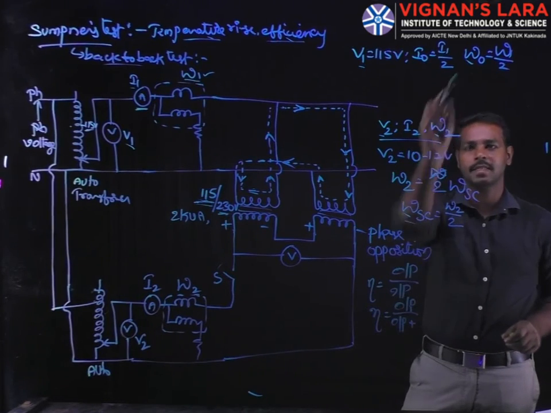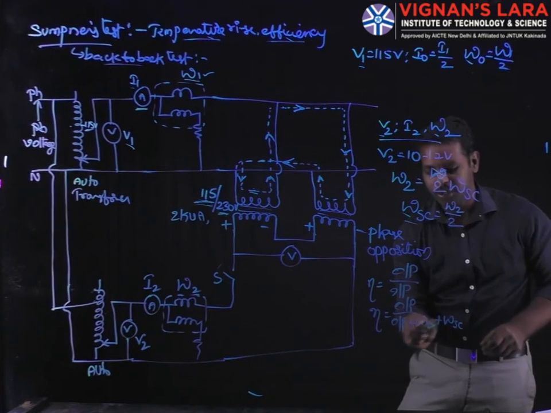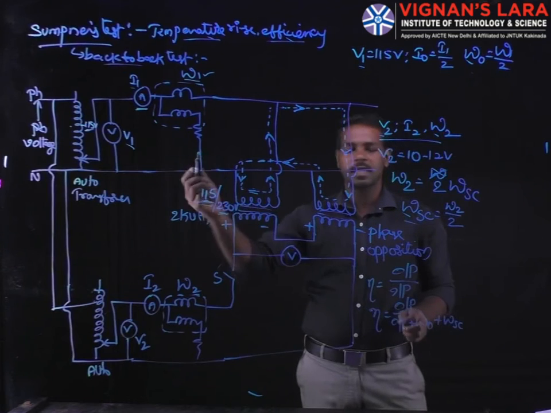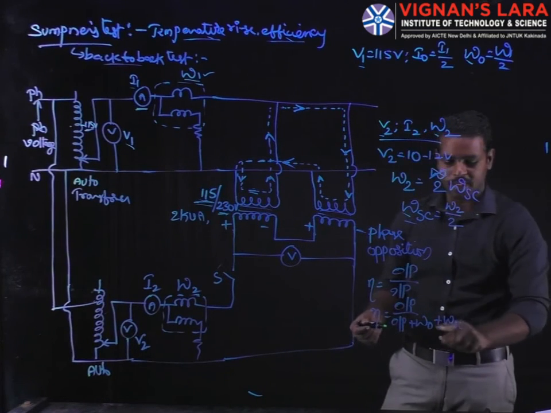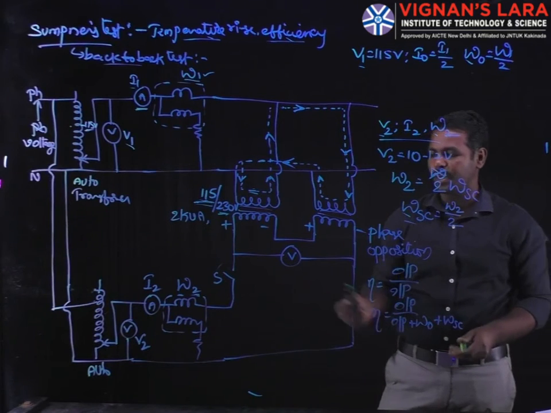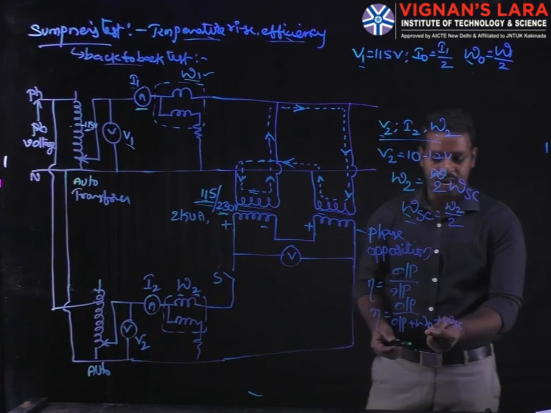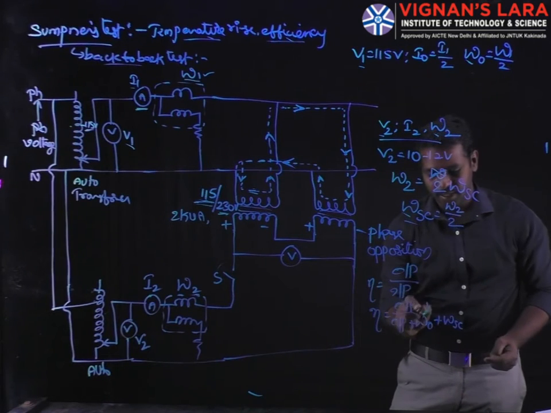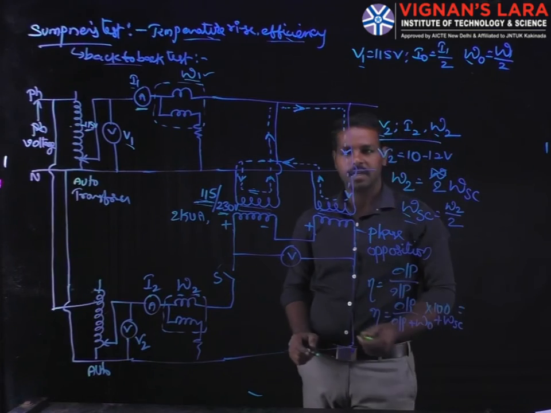Losses means W0 plus WSC. These two values are obtained by using the Sumpner test. One is W0, another one is WSC. Total losses are known values. Efficiency is equal to V2 I2 cos phi 2 divided by V2 I2 cos phi 2 plus iron losses plus copper losses, into 100. That is how we get the efficiency of a transformer.